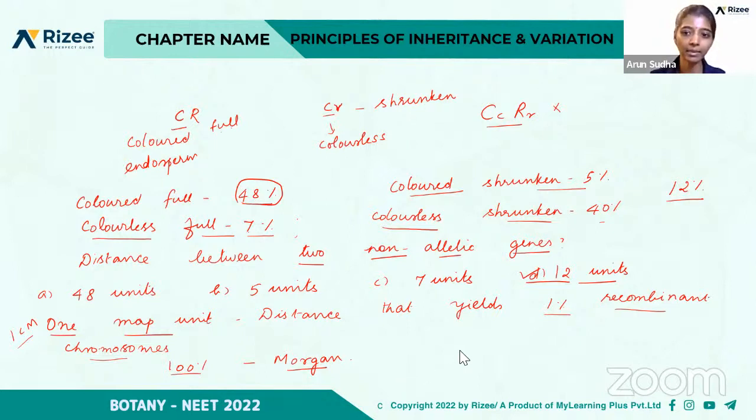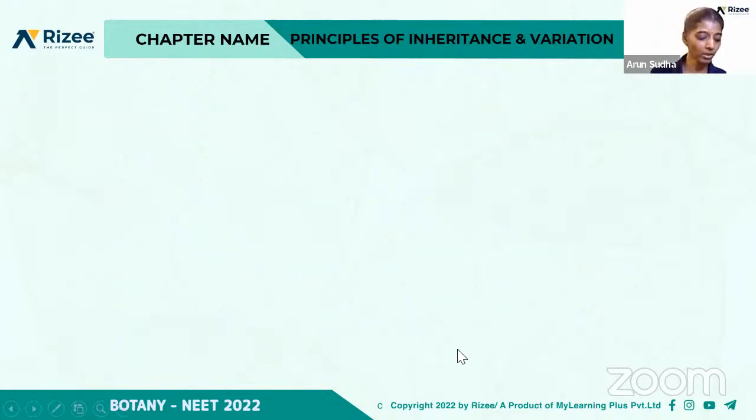A is the right answer, because the flower has 2 traits, color and position, the pod has color and shape, and the seed has color and shape. So 2, 2, 2 is the right answer.